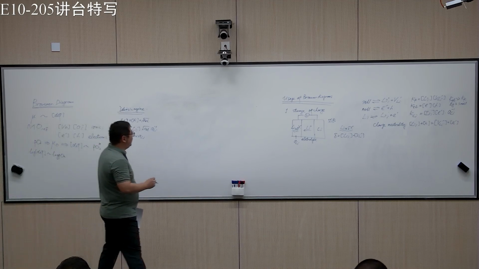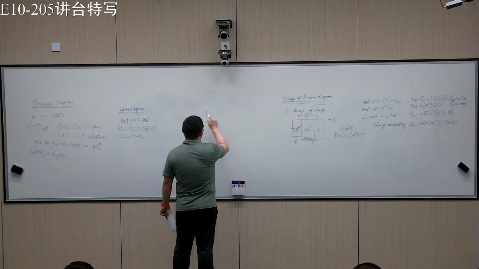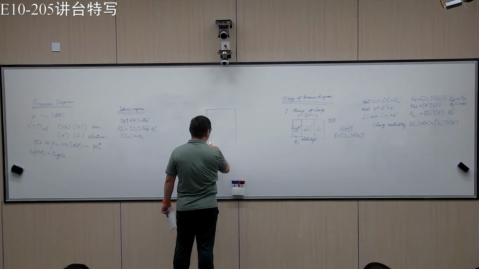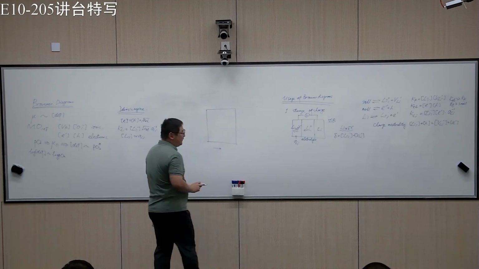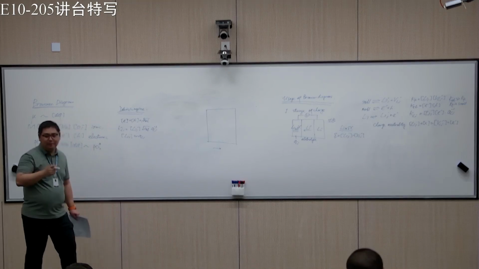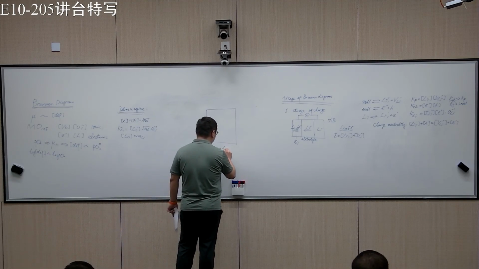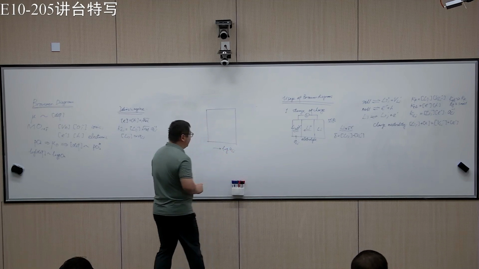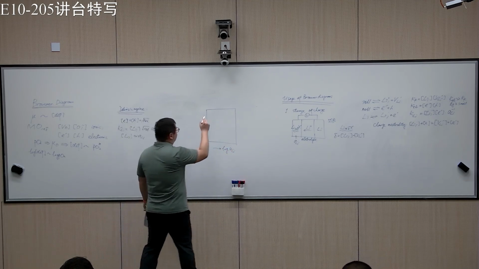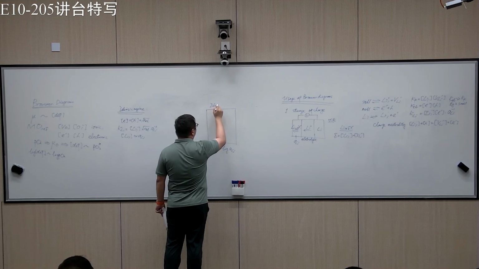Essentially, we can draw the Brouwer diagram. In this case, the axis is not pressure anymore. It's the log activity of lithium. Again, this is the intrinsic regime.